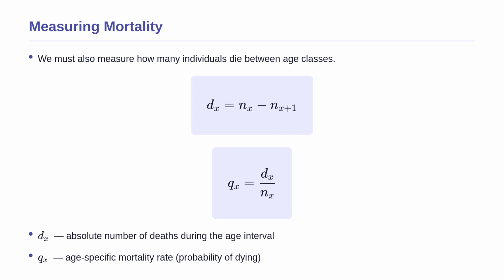Next, we calculate qx, the age-specific mortality rate. By dividing the number of deaths, dx, by the number of individuals who started that interval, nx, we find the probability of dying during that specific time. A high qx indicates a very dangerous life stage.